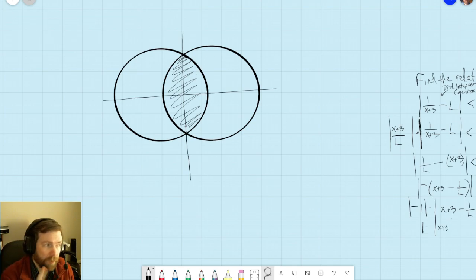So you could do it either in polar, or you could do it here in function, but you'd have to turn it sideways.